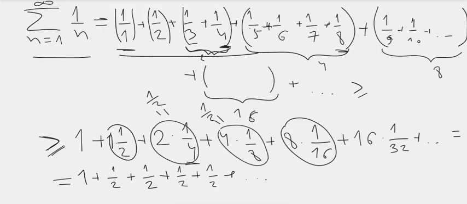So we bounded this sum from below with this sum, which is obviously divergent. This is basically 1 plus the sum of 1 over 2 from 1 to infinity.